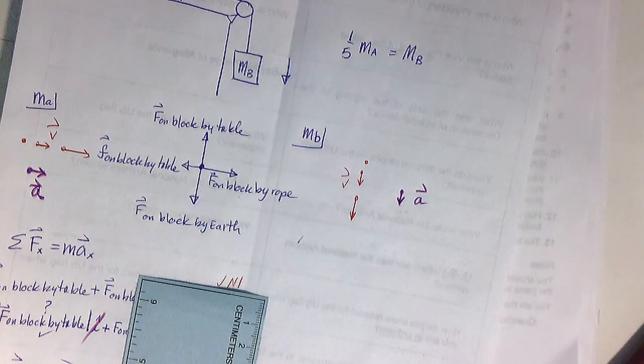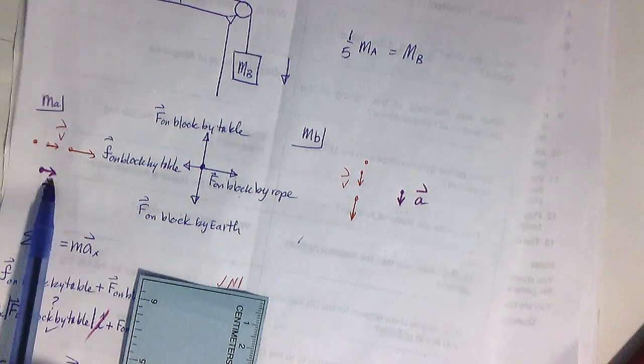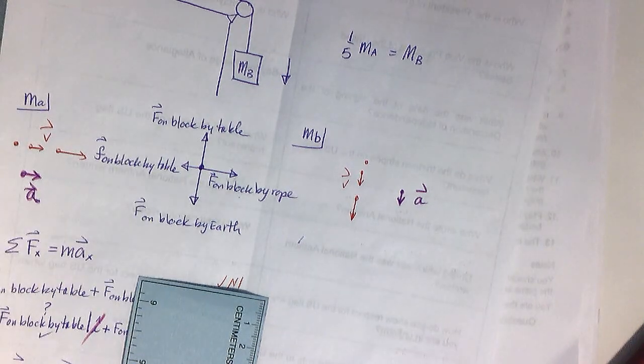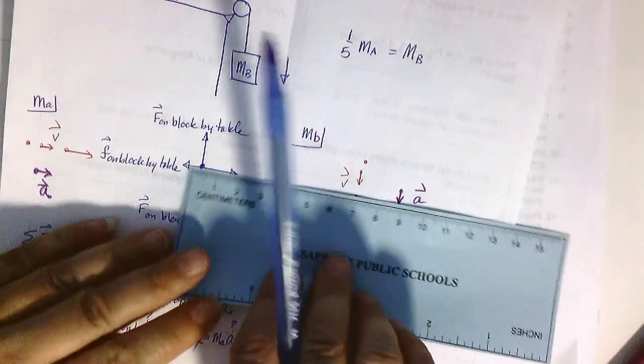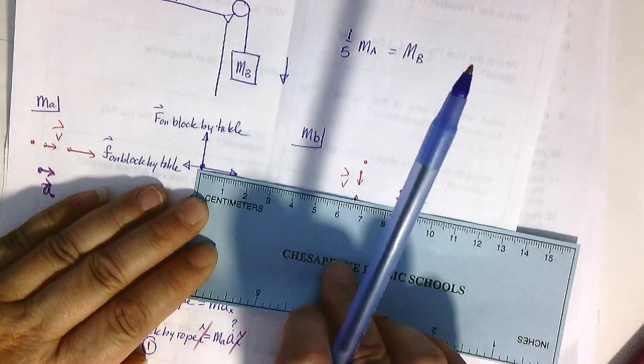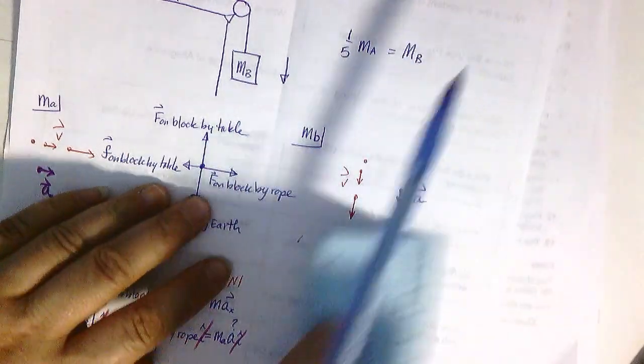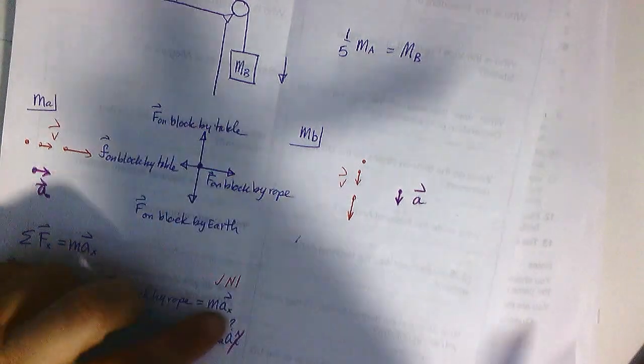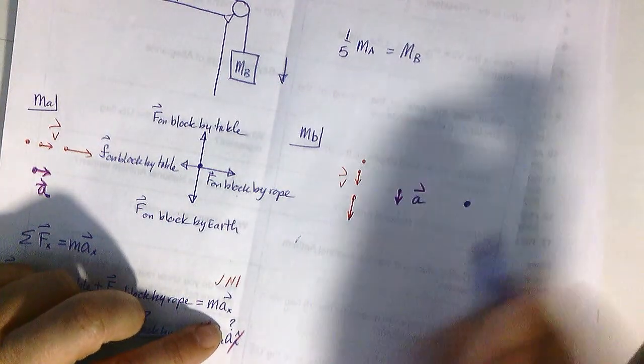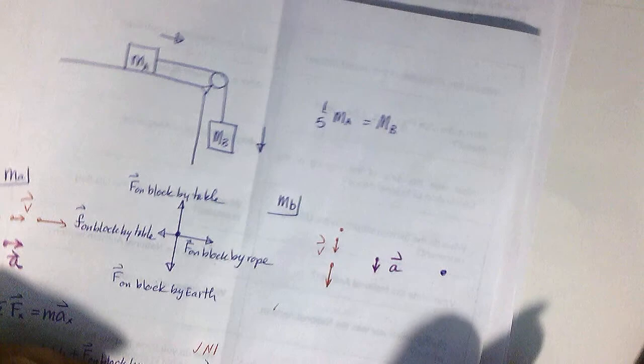Okay, and notice that I have this being the same length as this, as it should be. Notice that I made the tension here 1.5 centimeters. That means I need to make the tension over here 1.5 centimeters. Remember from the last problem that because it's the same piece of rope, you're going to have the same tension.